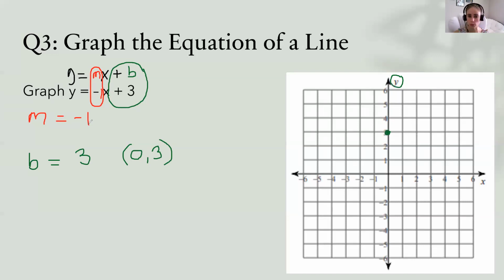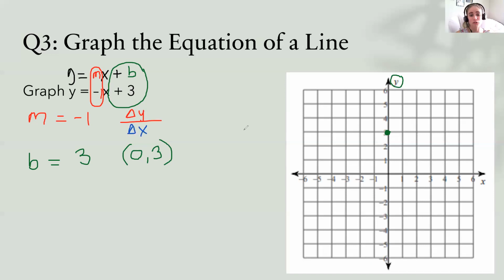Now our slope, that m is a movement, m for movement. So it's not that I have the point -1, that's my slope, that's my rate of change. So I'm going to move that slope, and that will create a second point on my graph, allowing me to have a line. With slope, though, our slope is always our change in y over our change in x.